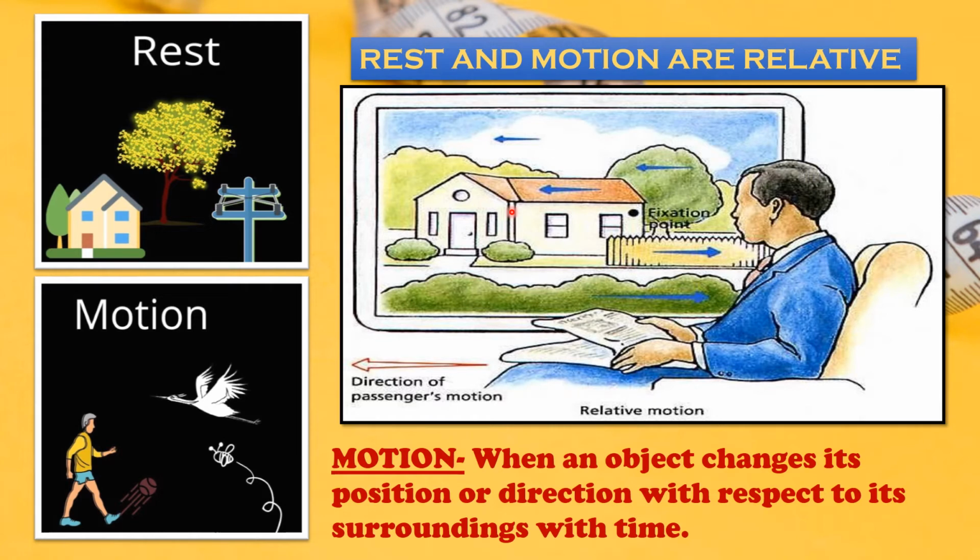And you know that motion and rest are relative. For example, all the things inside a moving train are at rest with respect to the inside of the train, but they are in motion with respect to everything outside the train.